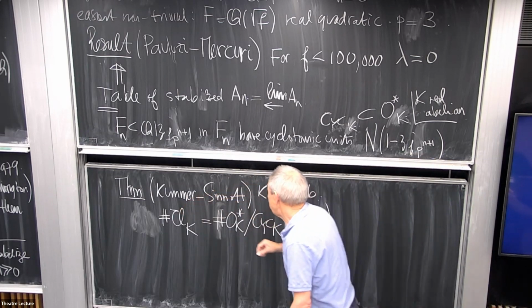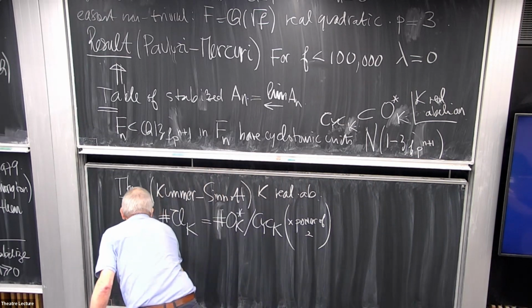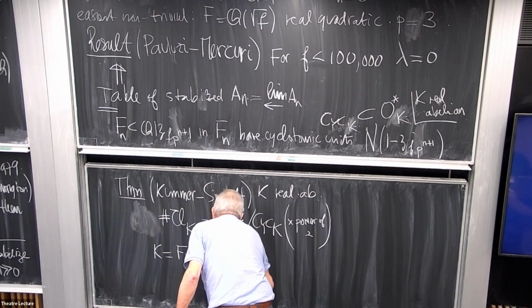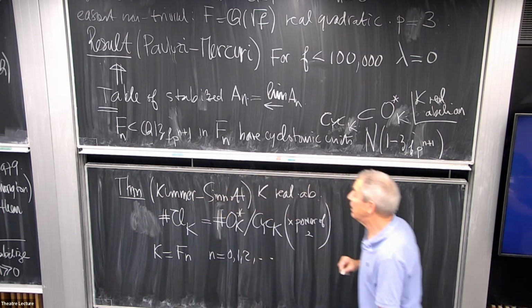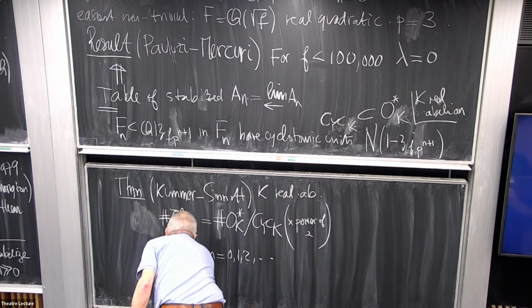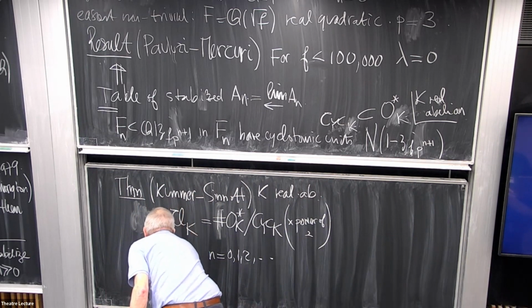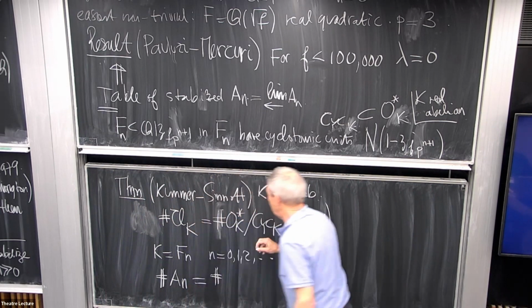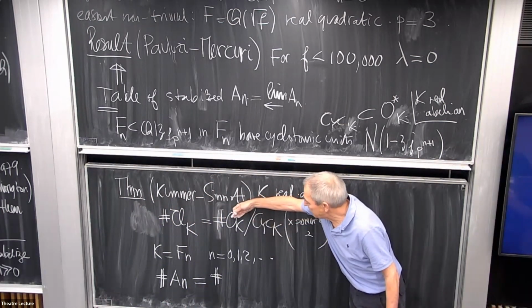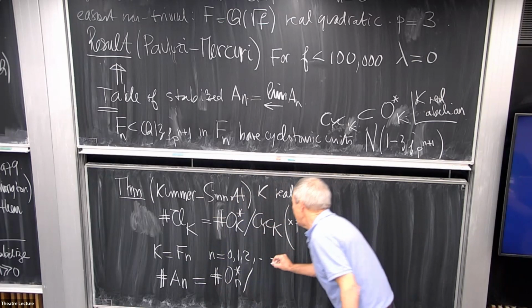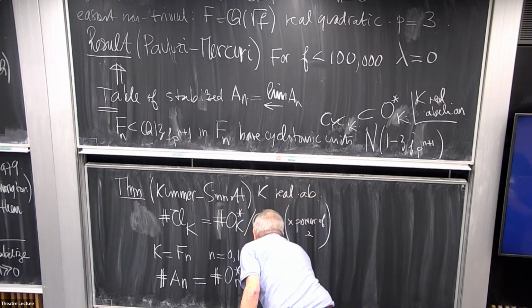And I have this in particular for K equal to F_n, for all n. So if I want to study how the p part of these groups, how A_n grows, then the cardinality of A_n is equal to the cardinality of O_n, rather than writing O of F_n, modulo the cyclotomic units, and this I call Sigma_n.